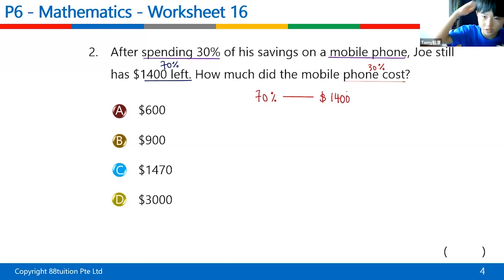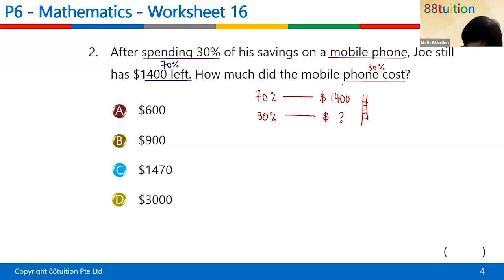Have I shown you the overhead bridge before? Yeah, you have. Get up the escalator. What is this number? $1,400. Cross the overhead bridge, you divide by 70.